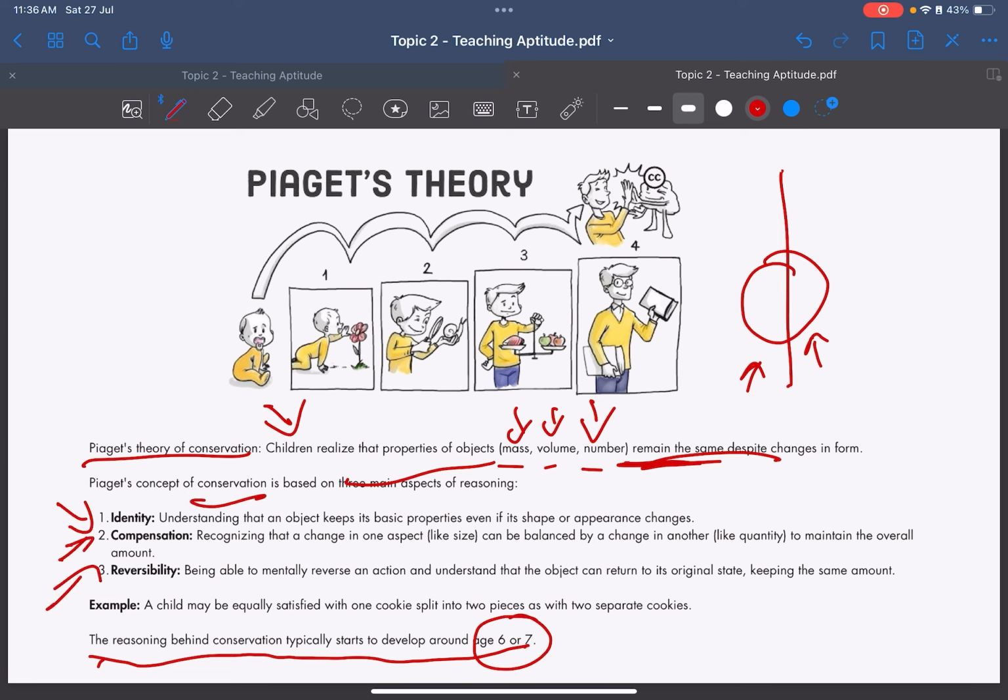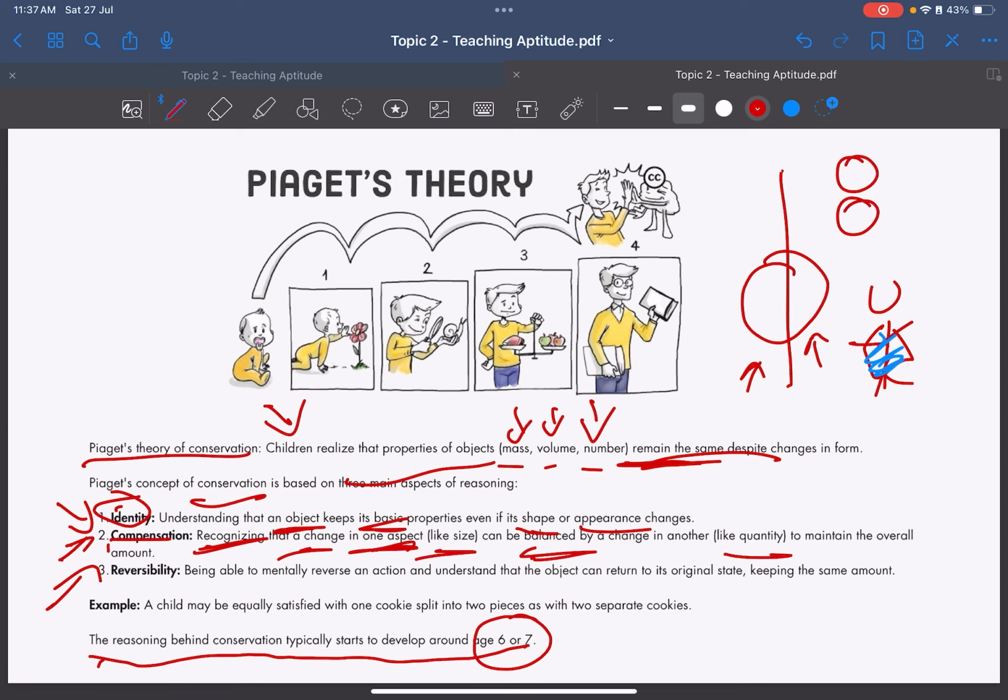Under the theory of conservation, we have identity, compensation, and reversibility. Identity says that an object keeps the same basic properties even if its shape or appearance changes. So, a person wearing a red shirt or a blue shirt is still the same person. Next is compensation, recognizing that a change in one aspect, like size, can be balanced by a change in another to maintain the overall amount.